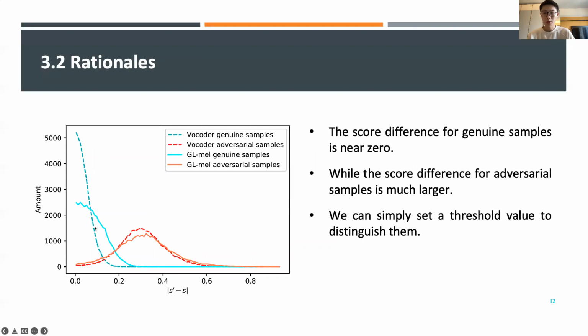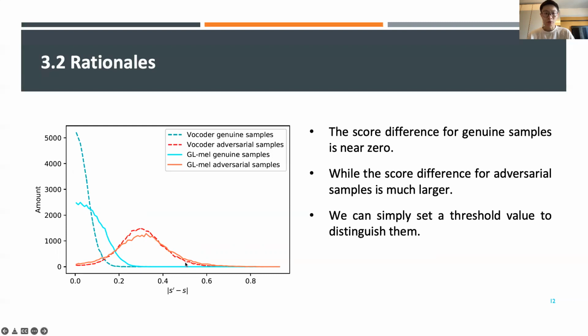This figure reveals the rationales. Here, the x-axis is the absolute value of S prime minus S, and the y-axis is the number of samples. We have 4 curves, 2 for neural vocoders and 2 for Griffin-Lim. Let's take the dashed line for example. The green dashed line denotes the genuine samples, and the red dashed line denotes the adversarial samples.